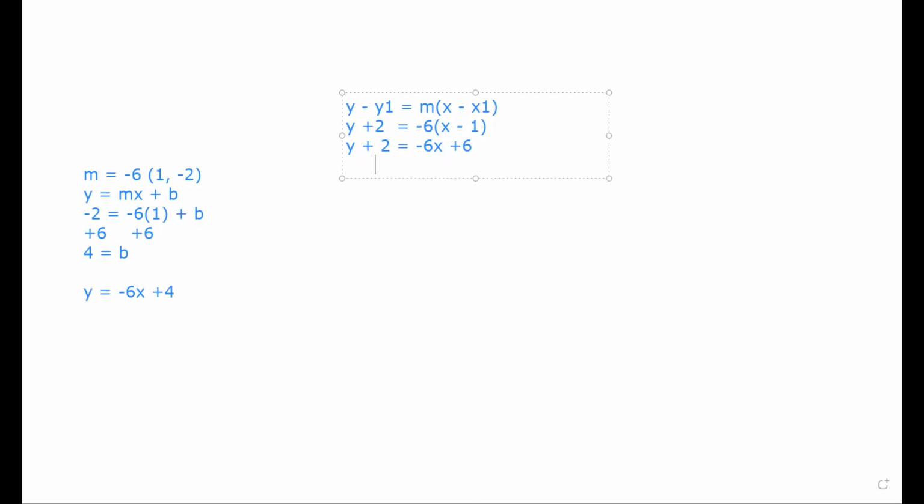All I got to do to get y by itself, because it's almost in slope-intercept form now, and we're going to end up with exactly the same equation as we did doing it the other way, using slope-intercept.